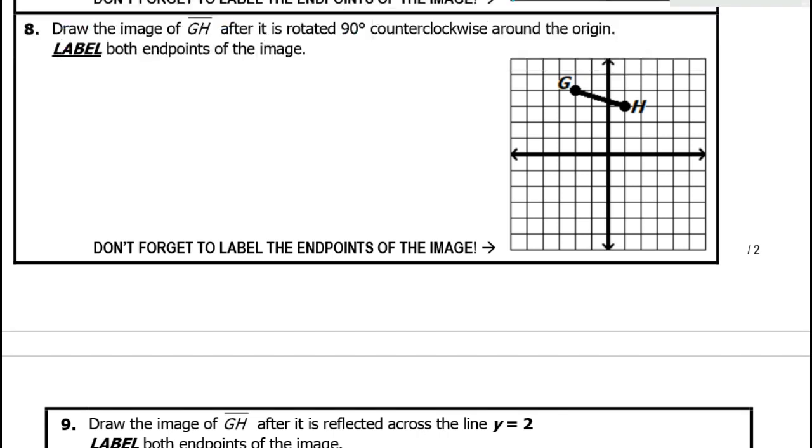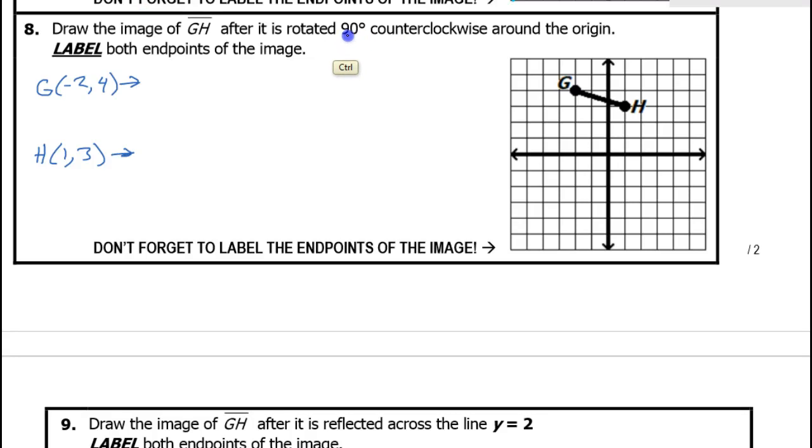So again, I'm going to do this algebraically and graphically. So algebraically, I start by writing down the original points. Point G being (-2, 4), and point H being (1, 3). And then I think about the rule.